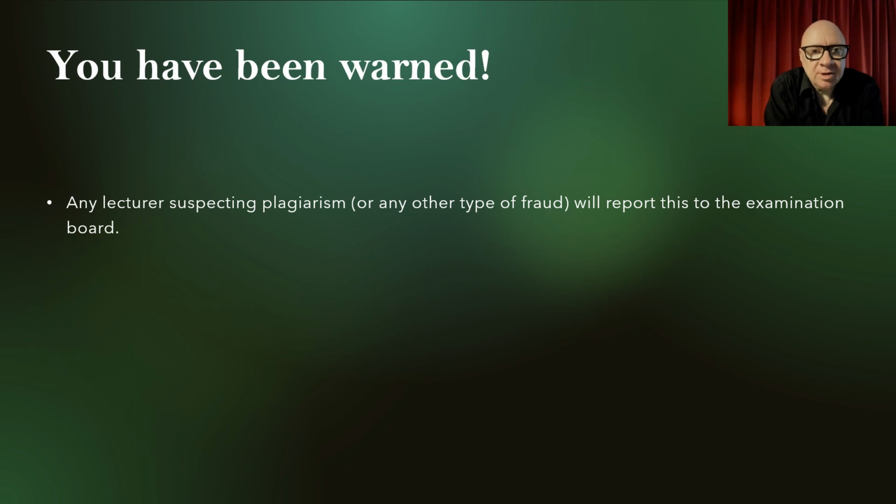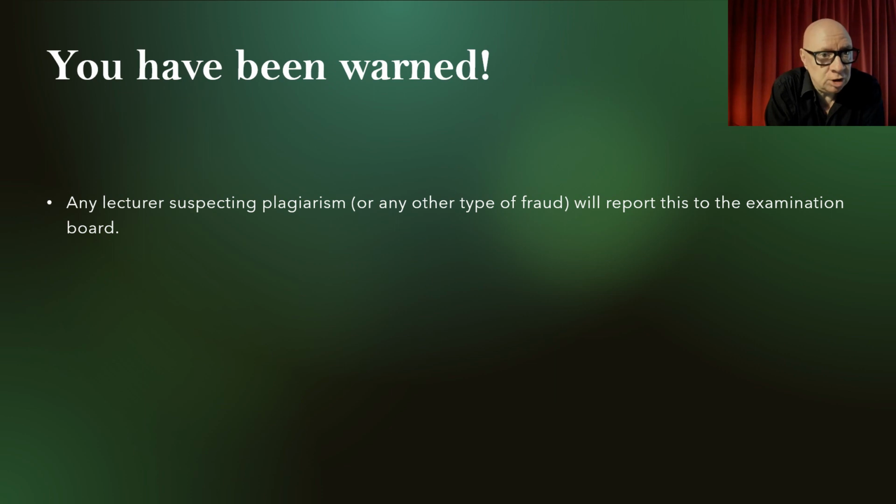Any lecturer that suspects fraud will report this to the examination board. Then the student usually is called to defend himself in some type of hearing, and then the examination board decides whether it was indeed plagiarism or another type of fraud, and decides upon the consequences.